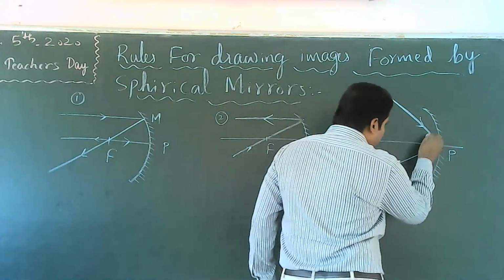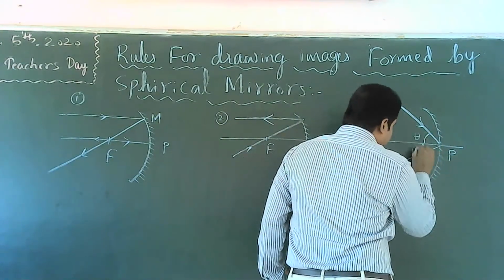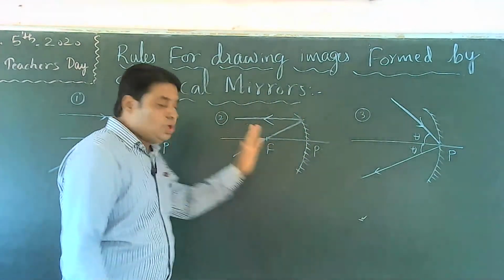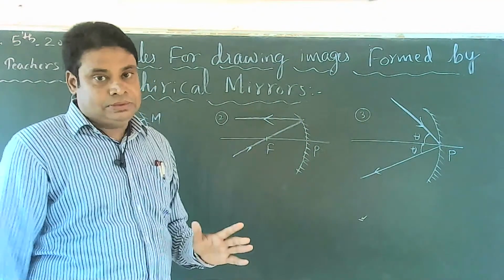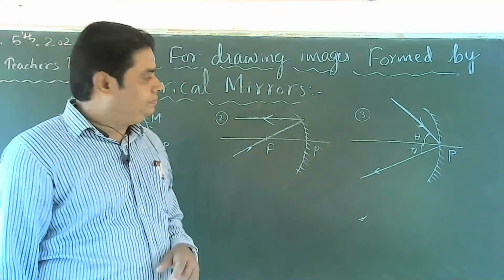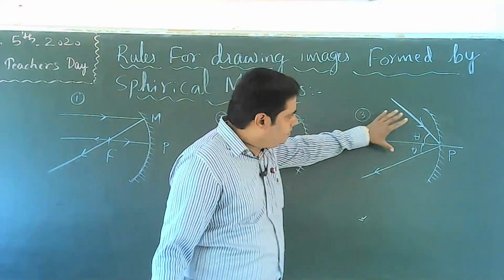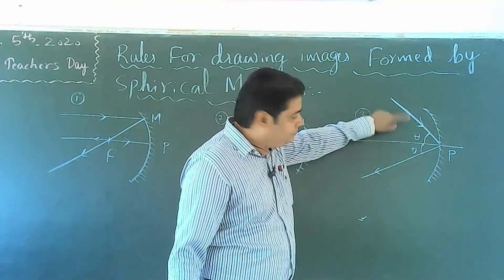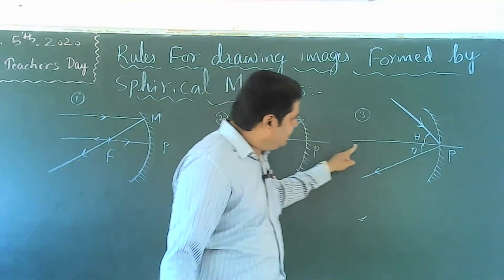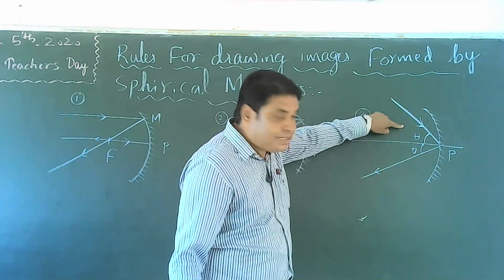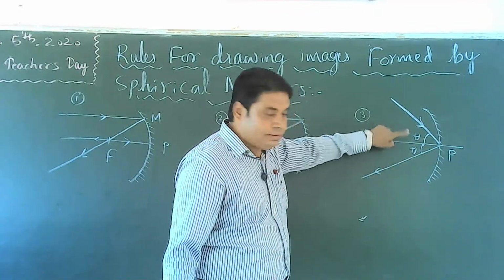everywhere what? Rules of reflection. In every case, rules of reflection are followed. Here, this is the incident angle, this is the reflected angle. This is theta, this is theta. Both are equal.